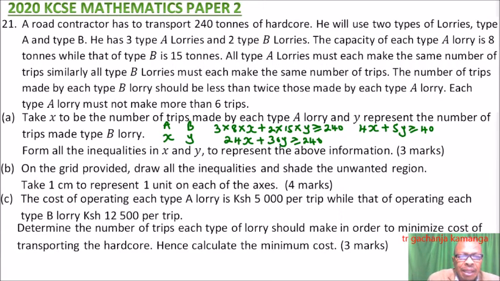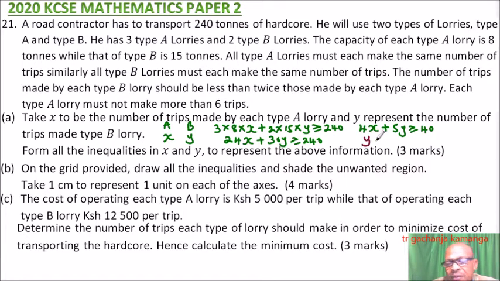The other one is we are told that the number of trips made by each type B lorry should be less than twice those made by A. So we can form an inequality here.